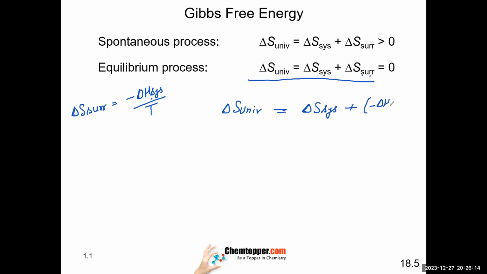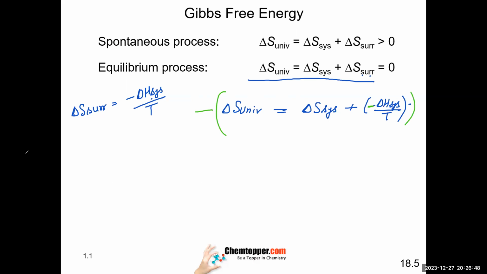Minus delta H system over temperature. Can I write it like this, children? Okay. Now, just get rid of this minus. Put minus here. When I put minus here, this becomes minus and this minus minus will become plus, right?